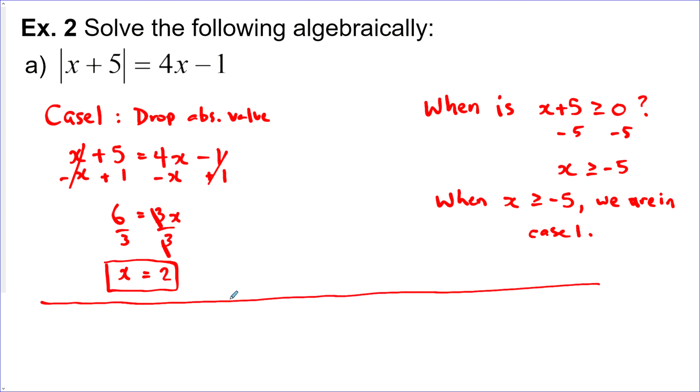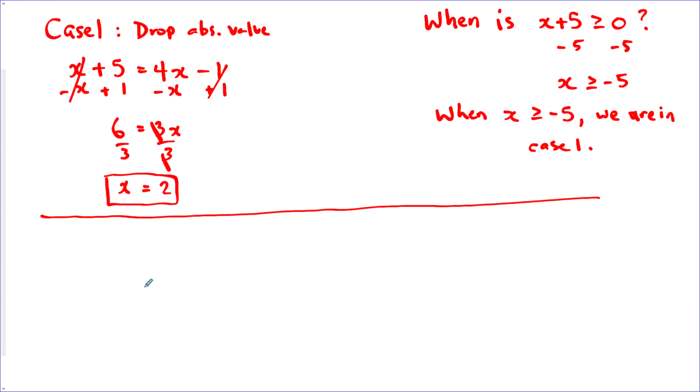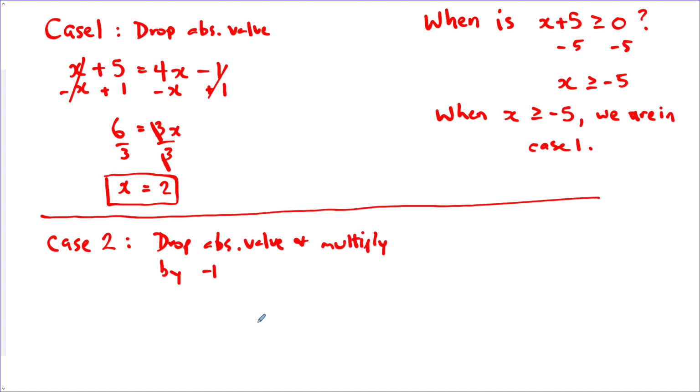And that's the case where the stuff inside the absolute value bracket is negative. So case 2, drop absolute value and multiply by negative 1. Now it would be the opposite of whatever happened in case 1.